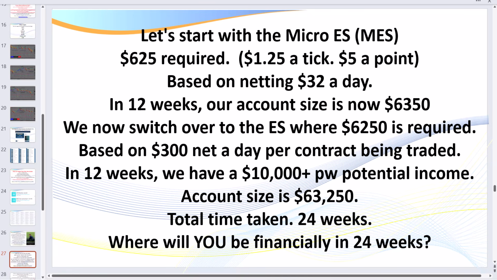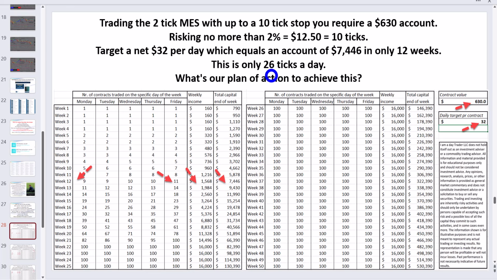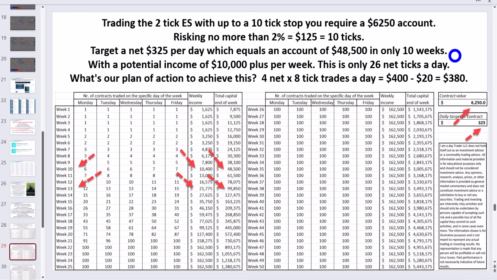You can trade someone else's money and get underway for a couple of hundred. But if you started with 625 and go for just 32 a day, that's 26 ticks a day, and within 12 weeks you've got a 1,500 a week potential income legally. I've got to say potentially, and your account is now 7,400. You've now got the funds to roll over and start trading the big contract.